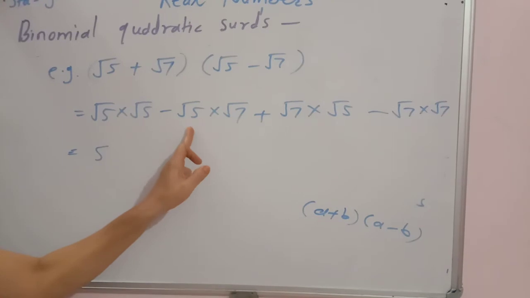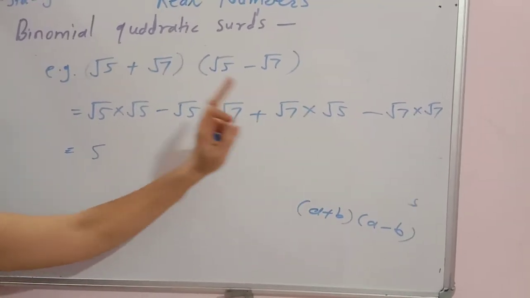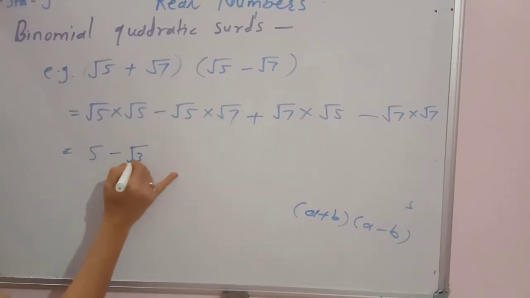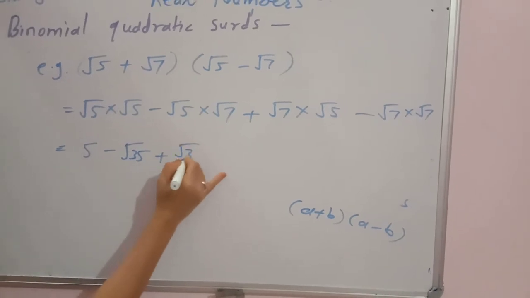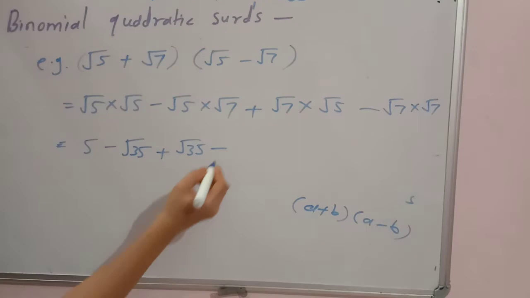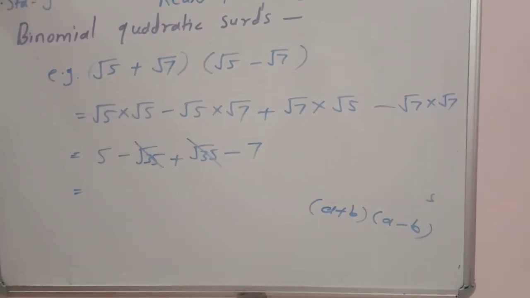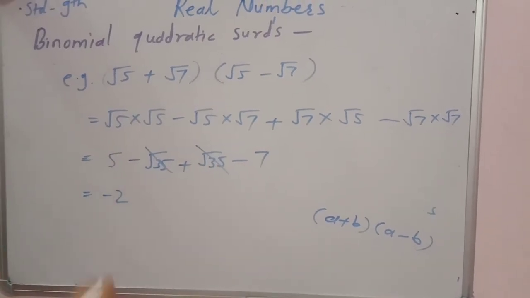What will it be? Negative root 35 plus root 35, that will get cancelled. Minus root 7 multiplied by root 7 is 7. So the answer is 5 minus 7, that is negative 2.